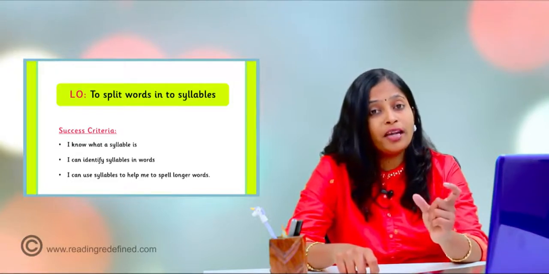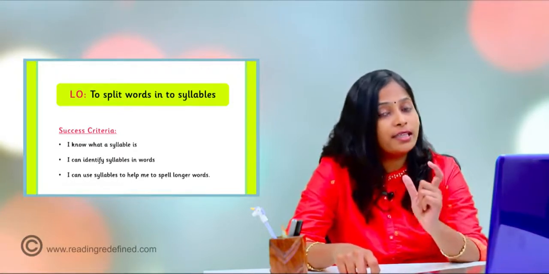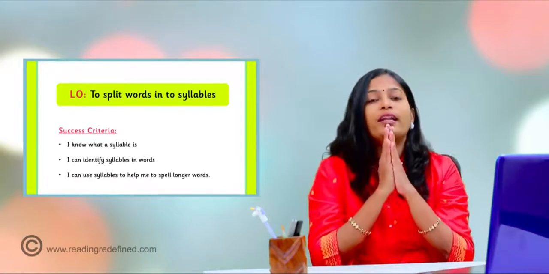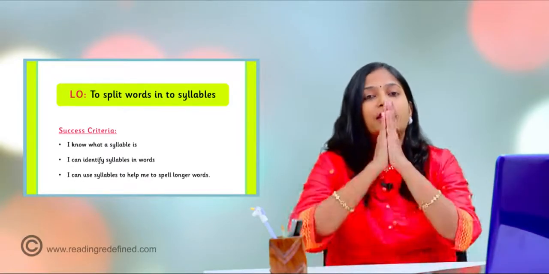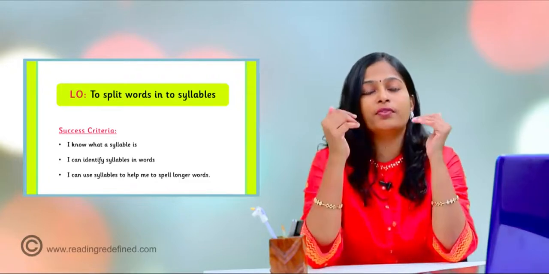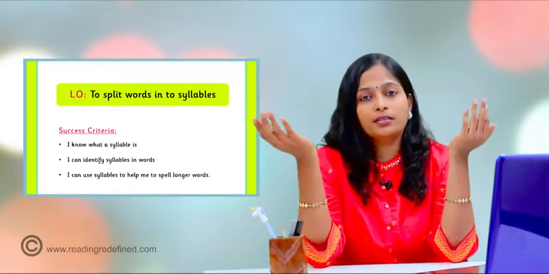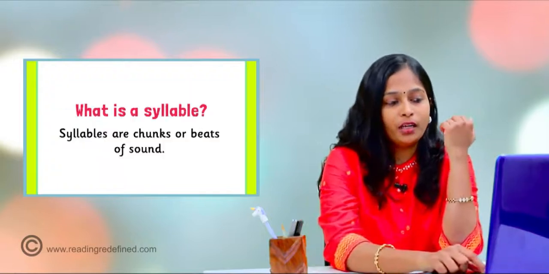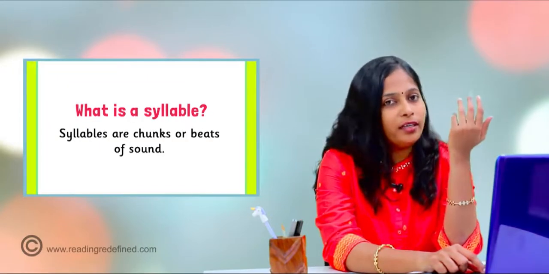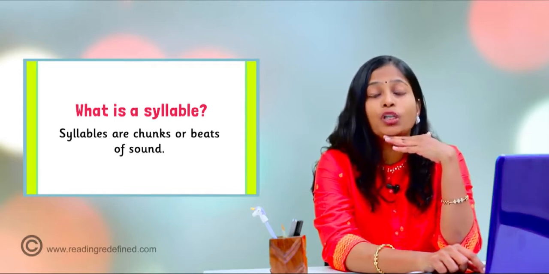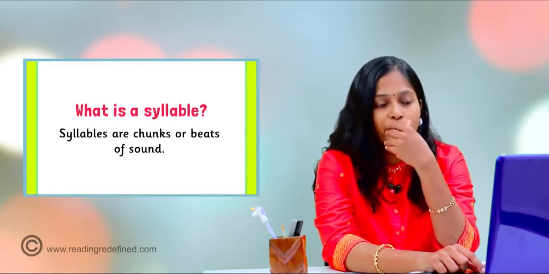And the child should be able to use those identified syllables to build longer words. When we achieve this, then we can consider that we have achieved the point that we are teaching syllables to children. Again, we did not even tell the word syllable to children when we were asking them to explore the word through their jaw movement, right?